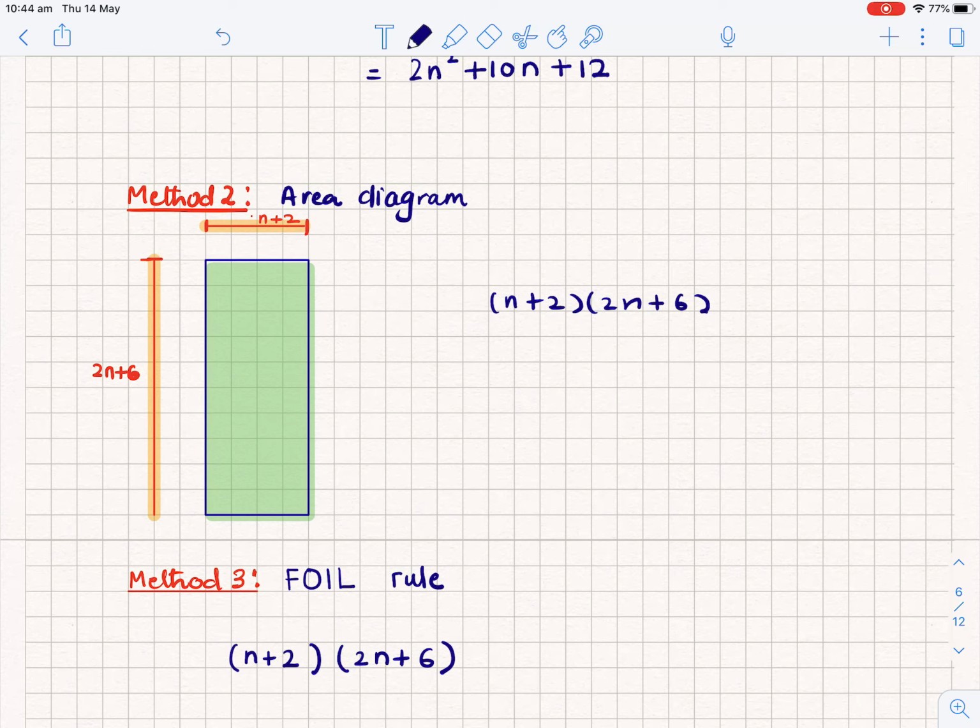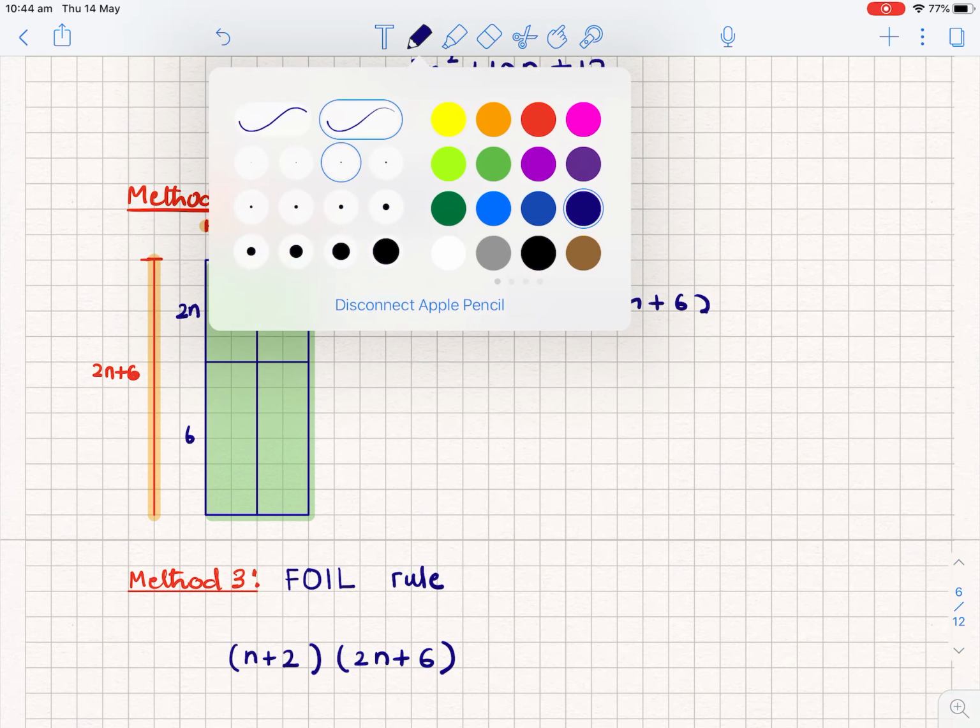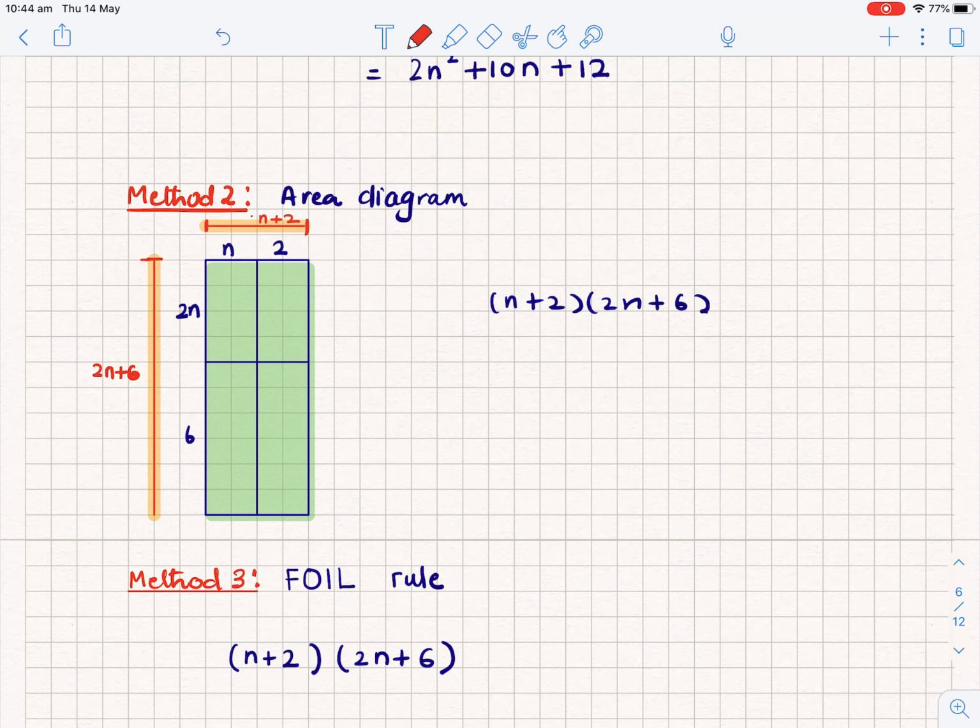Now we can split these side lengths based on the two terms of these binomial expressions. So I split n plus 2 as n and 2, and split 2n plus 6 as 2n and 6.